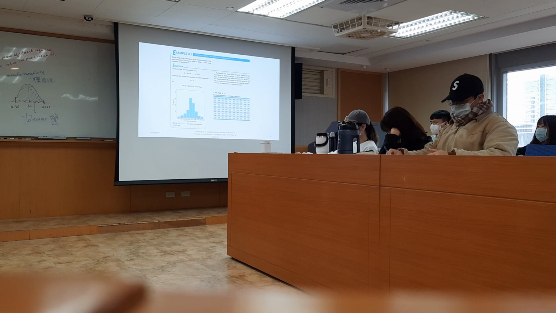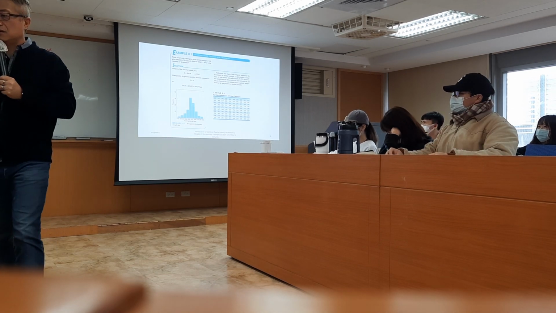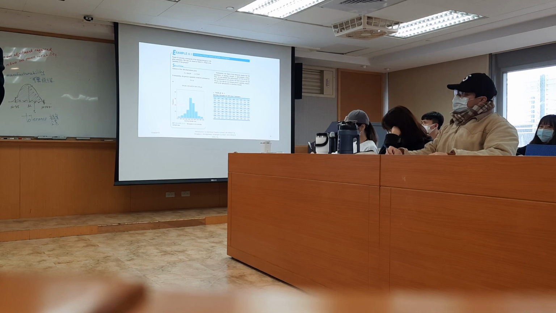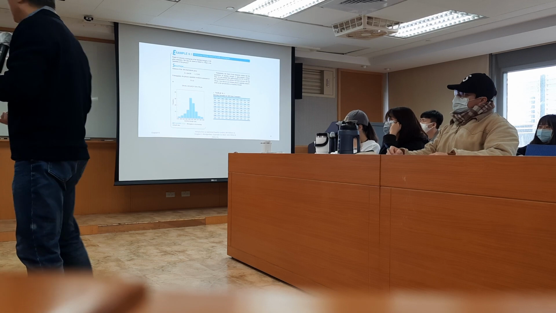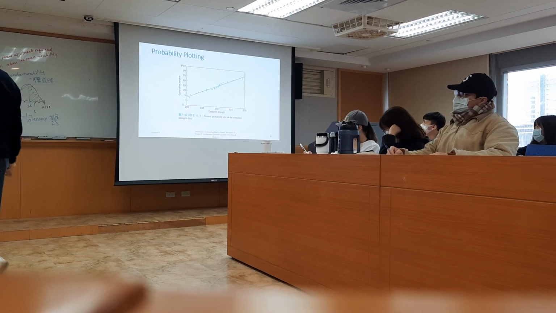This region we're going to compare to the customer's specification: is the product to be produced within this region? Do you satisfy this interval or not? So make a comparison.